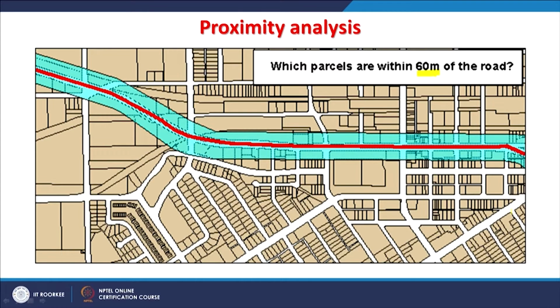Similarly, you can do analysis like, if a stream is flowing, now I want to calculate the flood plain area. If there is a flood, say the maximum flood, and generally hydrologists use a 100 year time period, how much area would get inundated? That too can be analyzed using this proximity analysis.